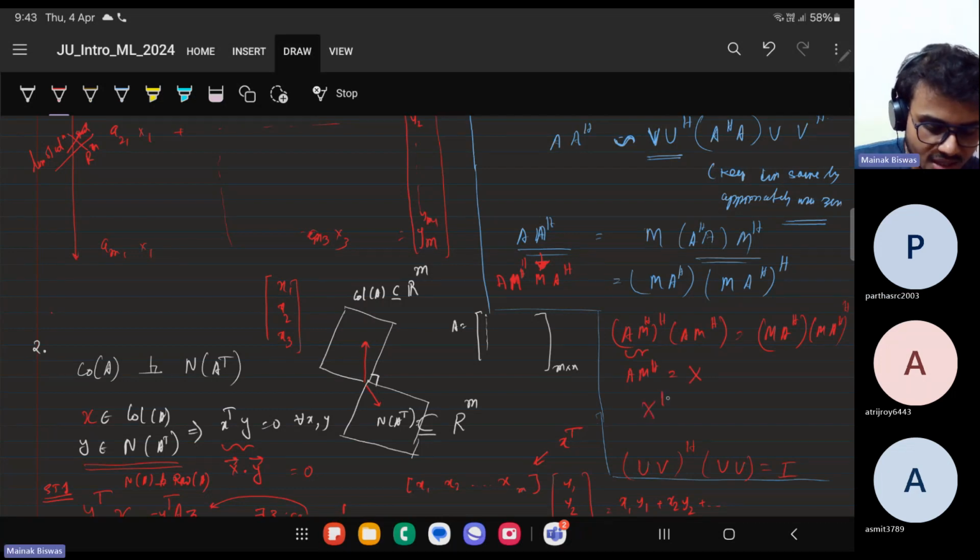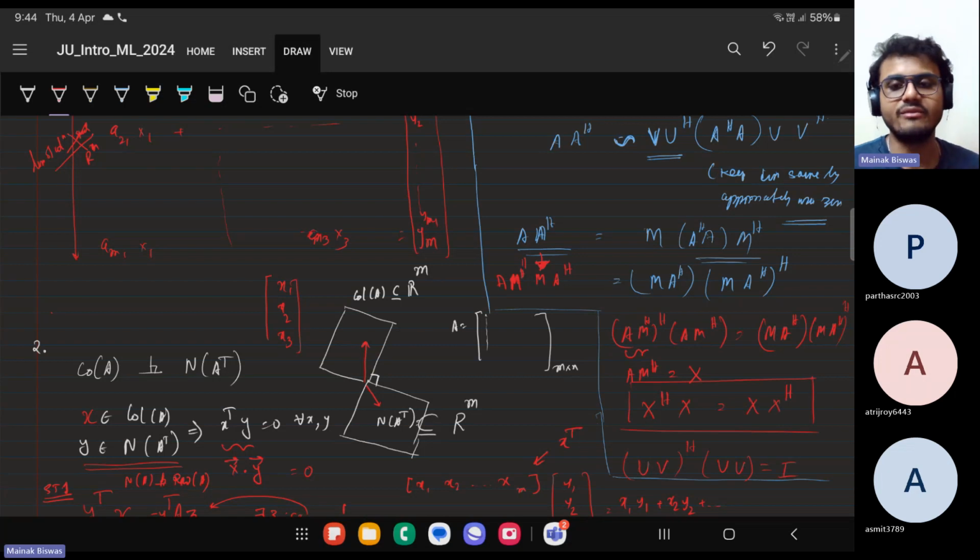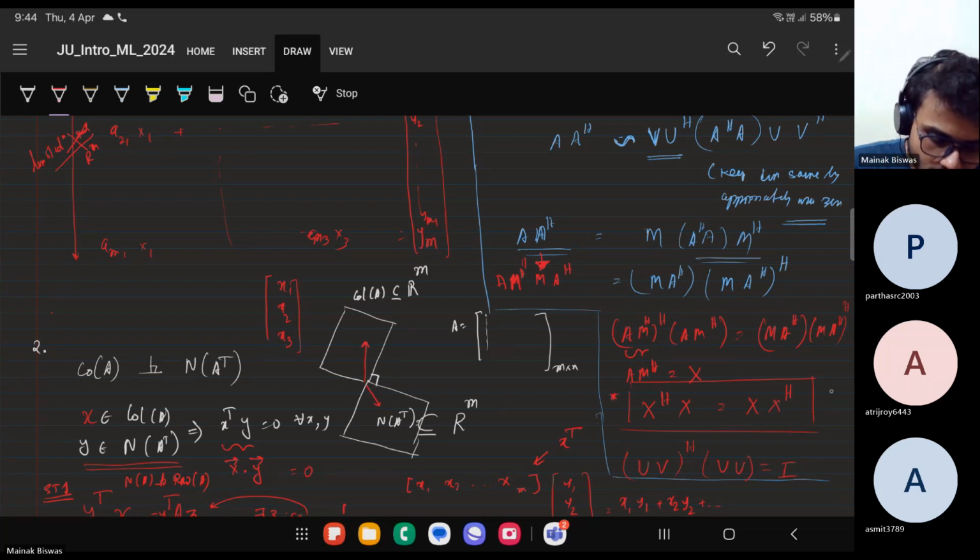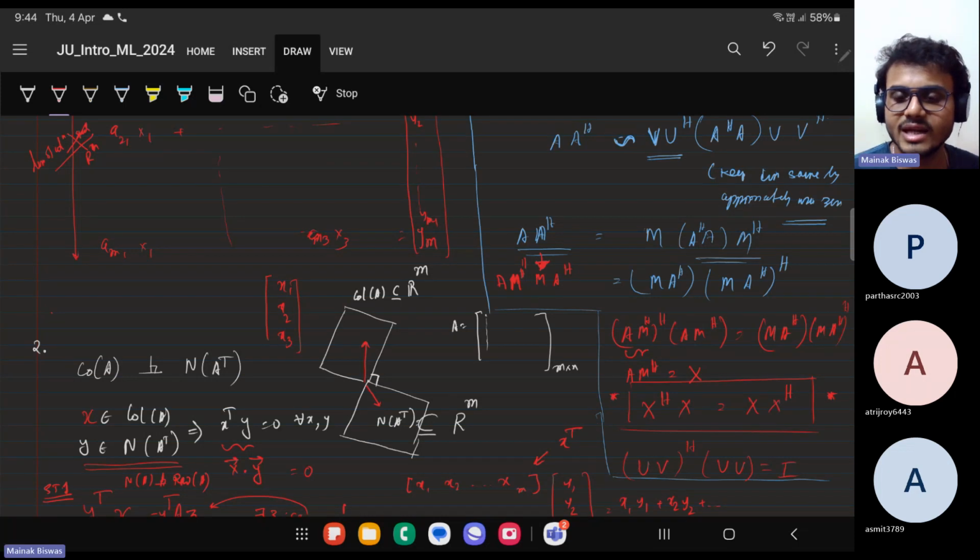And therefore you have x Hermitian x is equal to x x Hermitian, right? This is what we have. Yes or no? This is what you will get. No, sorry.